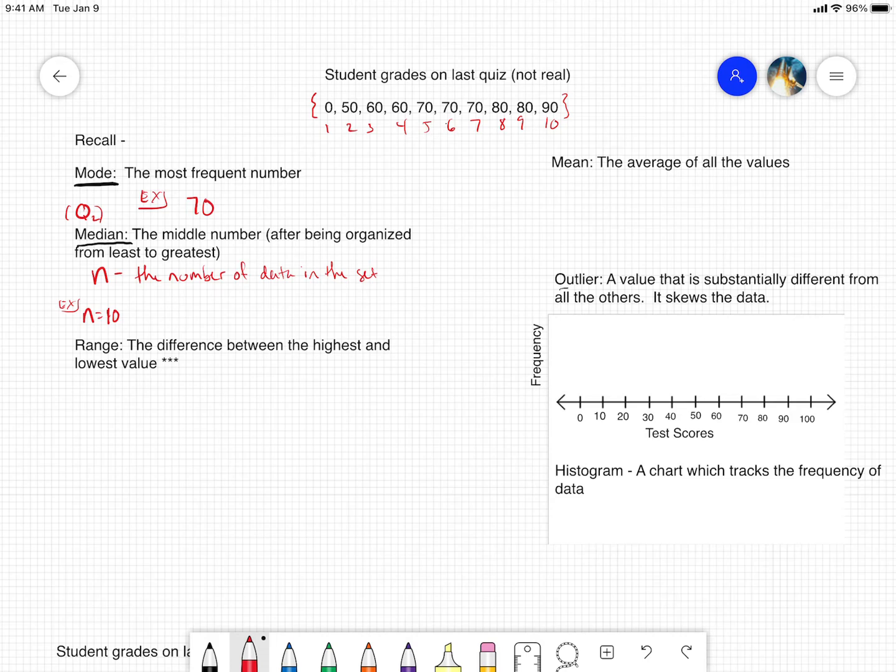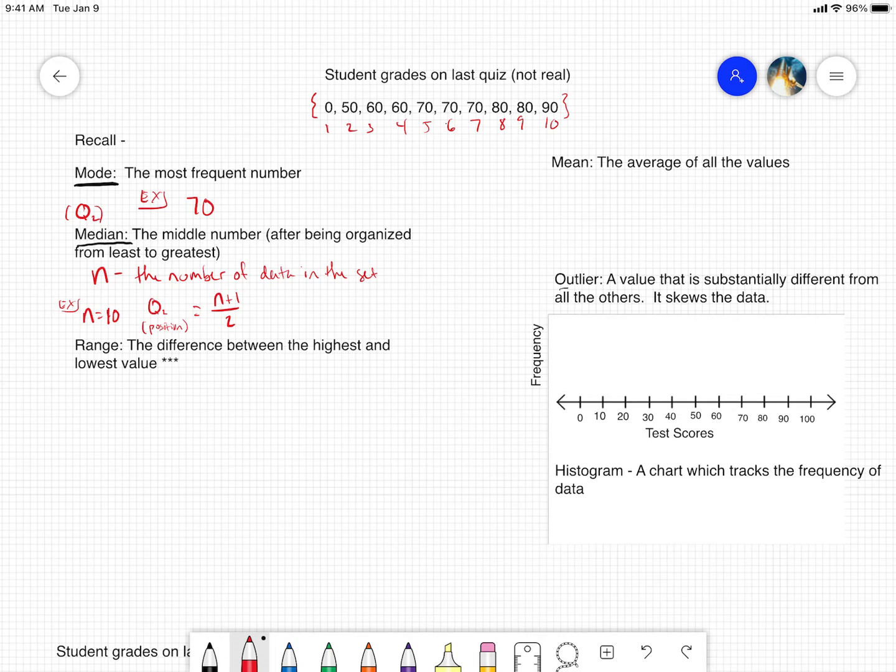Now, to find the position of Q2, the formula that we're going to use is n plus 1 over 2.